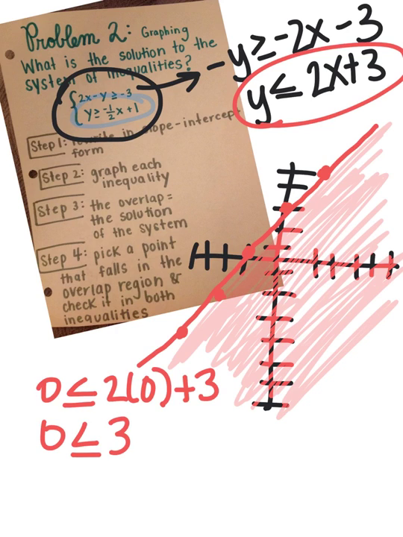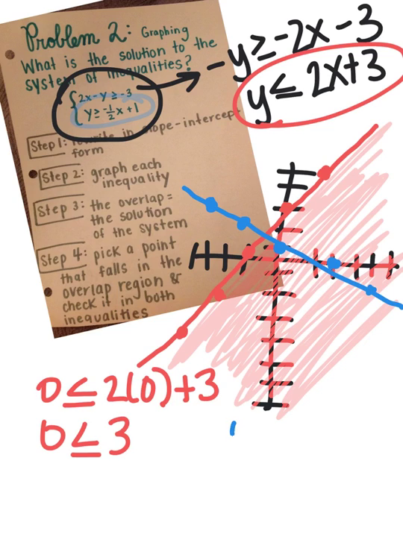Okay. All right, let's do the second one, and we will do this in blue. So looking at y is greater than or equal to negative 1/2 x plus 1, I know that 1 is my y-intercept, and my slope is negative 1/2. So I'm going to come down 1 over 2, down 1 over 2, and I'll go this way. Okay, it is greater than or equal to, so I'm going to have a solid line.